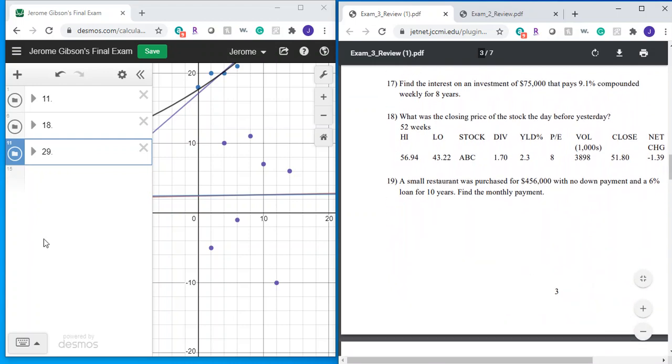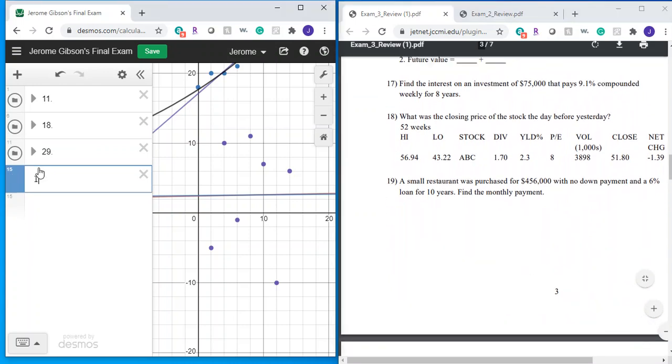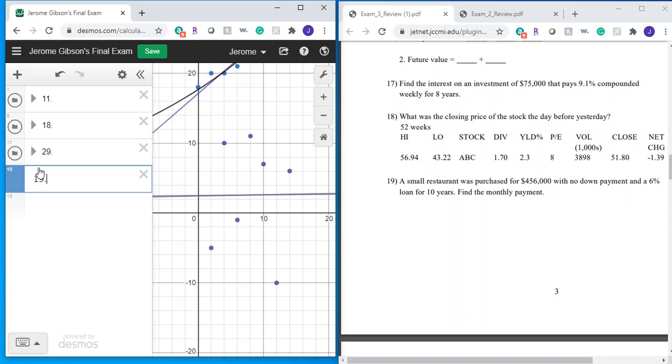Okay, number 19. Oh, I didn't add a folder. So we have to add a folder. Then we have number 19.